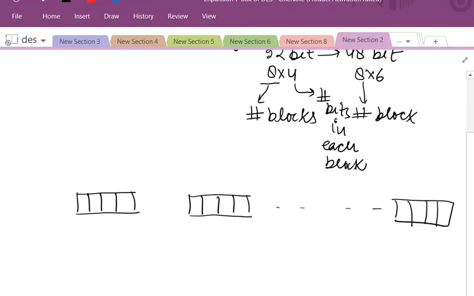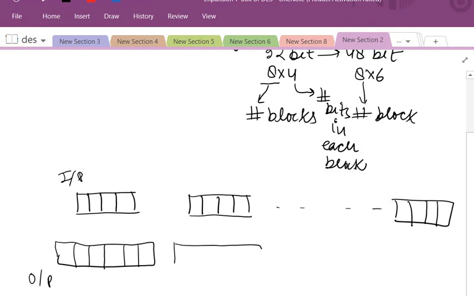And 8 into 6 means the output. This is the input, and for the output there are again 8 blocks having 6 bits in each.